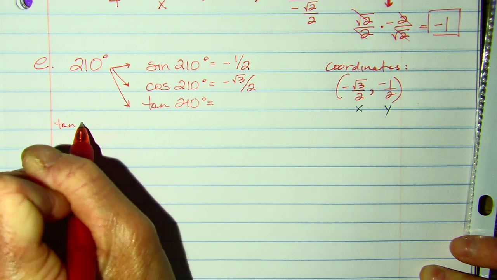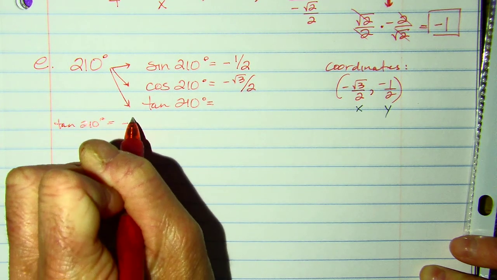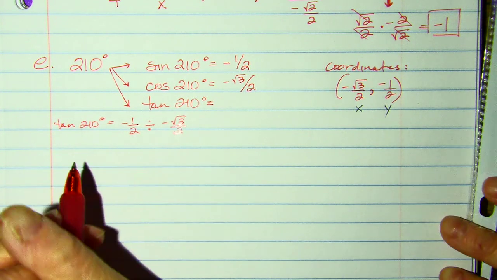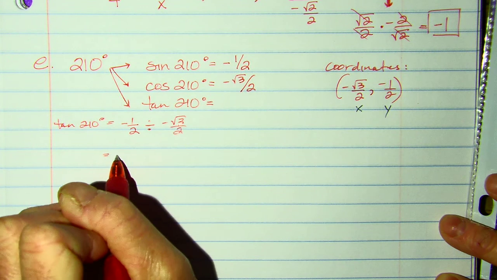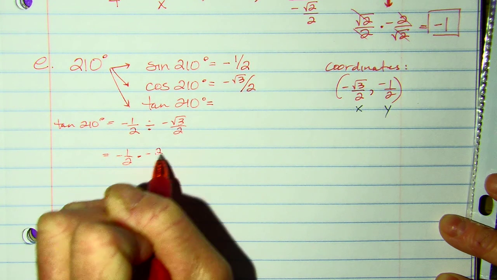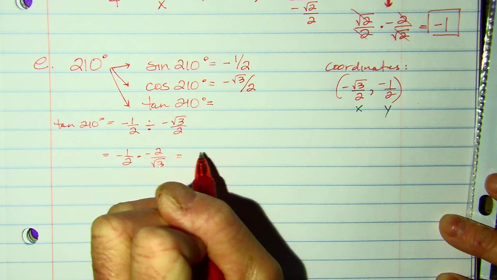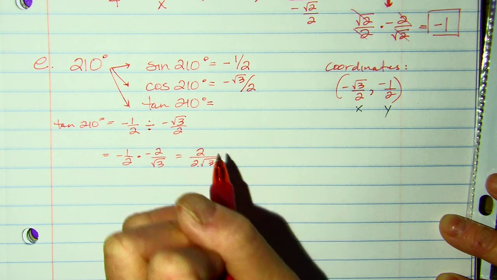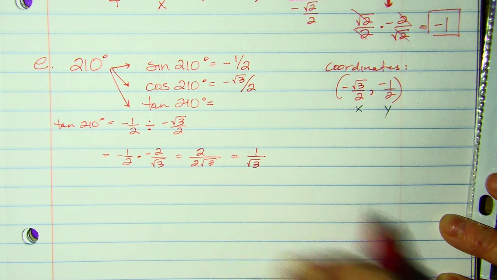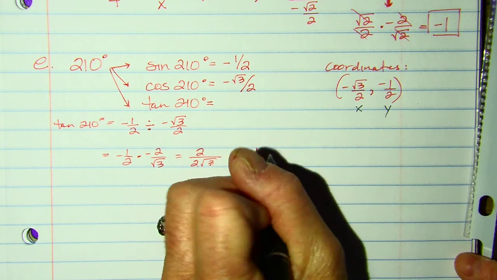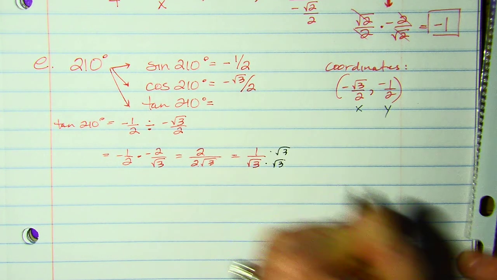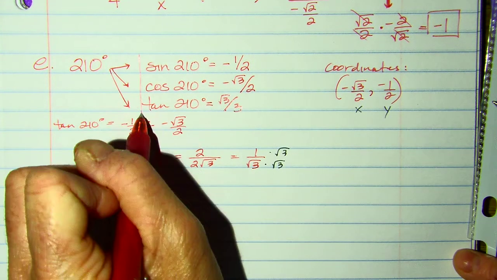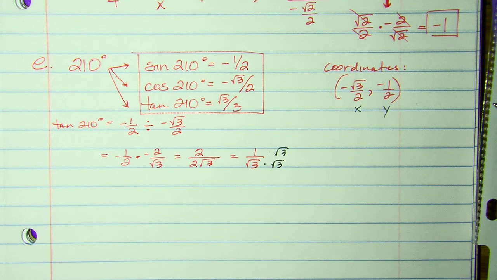So the tangent of 210 is the y value divided by the x value, which means my x value times the reciprocal, and that will leave me with a positive 2 over 2 root 3, which will leave me with 1 over root 3, and that means I'd have to multiply top and bottom by root 3. So my answer would be root 3 over 3. And so those are the answers to this problem.